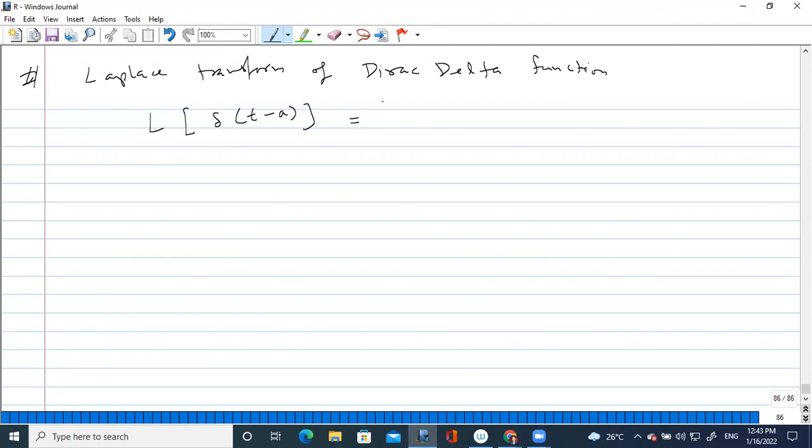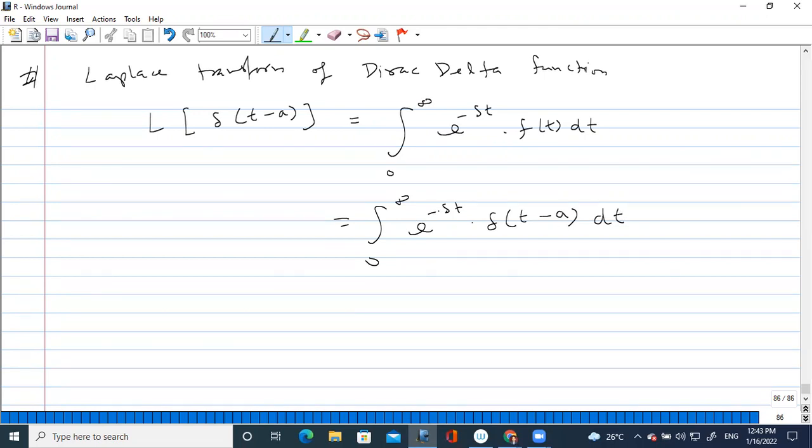So in this, just use the formula. The formula is integral 0 to infinity e to the power minus st into f(t) dt. This was our formula. So just you put f(t). f(t) is delta of t minus a dt.